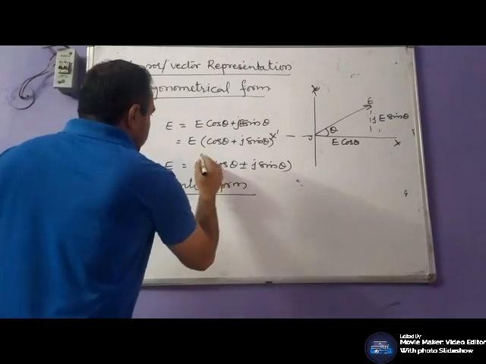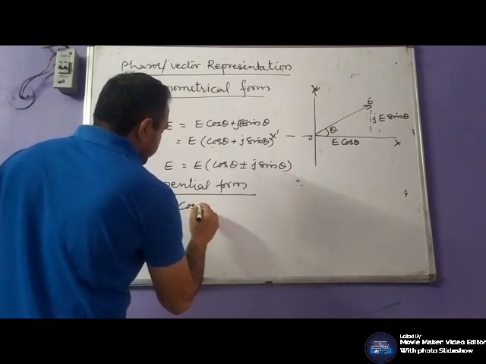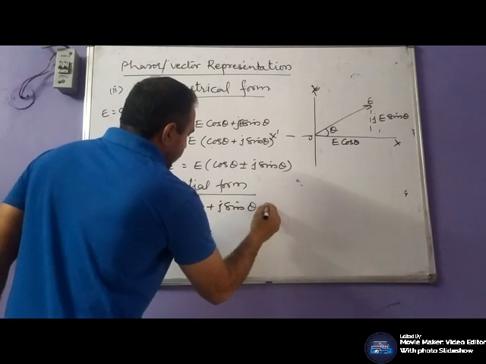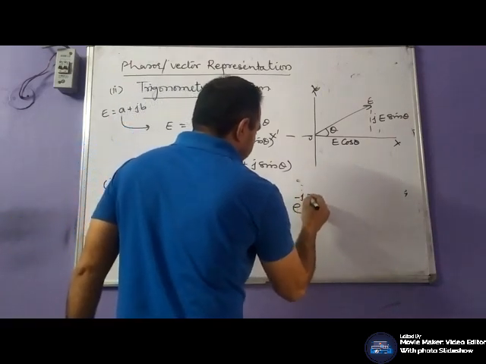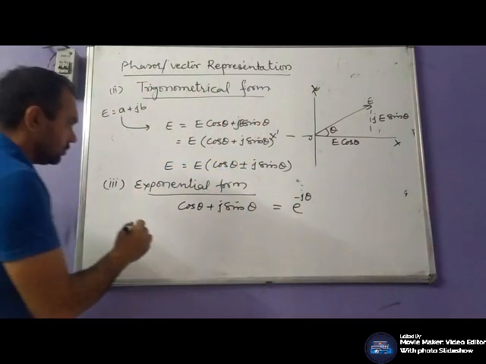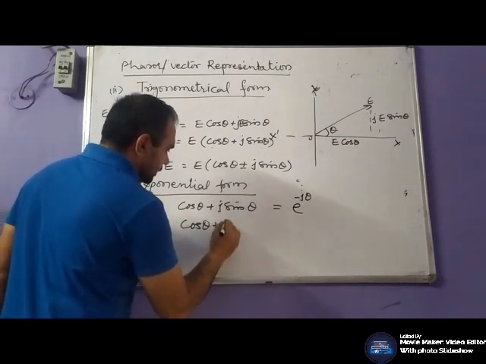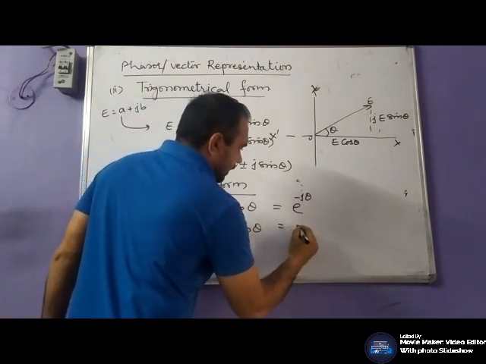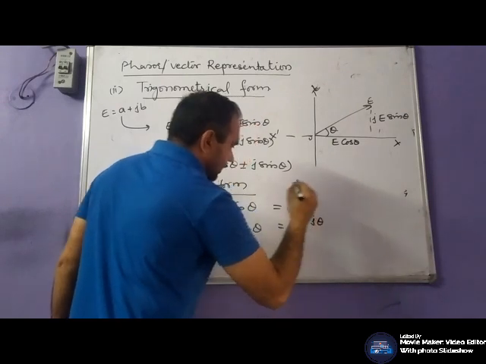So this E, by Euler's theorem, this cos theta plus j sine of theta can be represented by e to the power j theta, or this cos of theta plus minus j sine theta is represented by E to the power plus minus j theta.